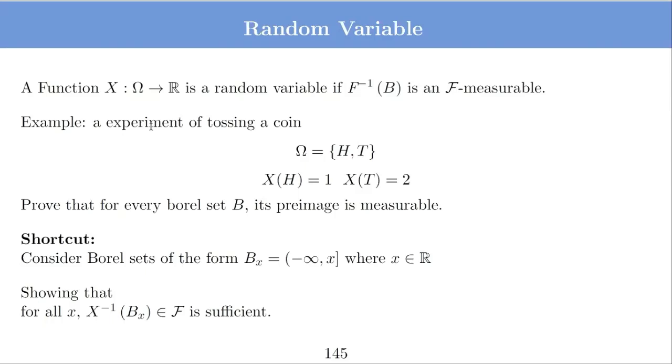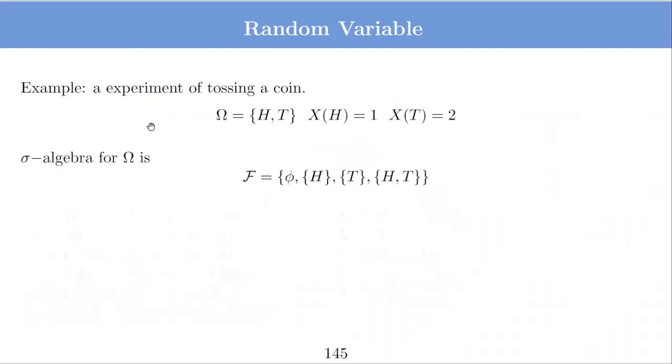You have to only prove that for these particular types of sets, which are semi-open from minus infinity to x, for all possible values of x, the pre-image of every such set is in F. And if you can prove that, that is sufficient. And it is a little bit easier to show that. We will see one example.